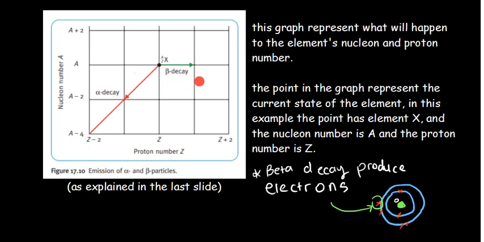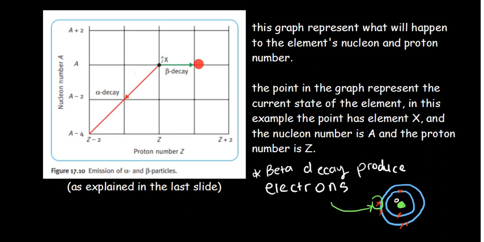While the beta decay, it's going to plus 1. This is a negative beta, by the way. So when you have a negative beta decay, it produces negative electrons. Therefore, it's going to plus 1 proton here.